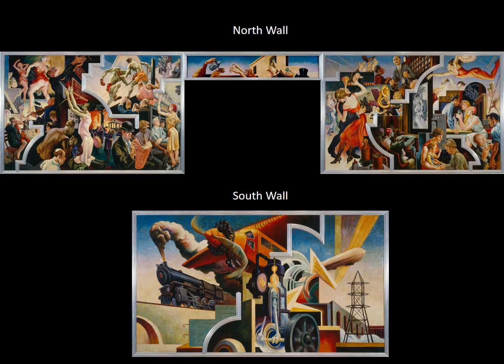These are the two larger walls. The two smaller walls show the north wall entirely dedicated to New York City. Except for over the doorway, there is a panel that only shows hands reaching into the scene, some of them reaching for food and others reaching for money. So this is a scene related to the Great Depression.